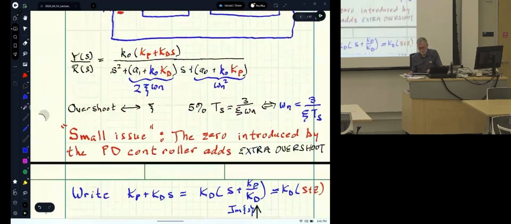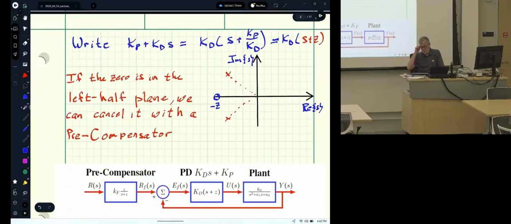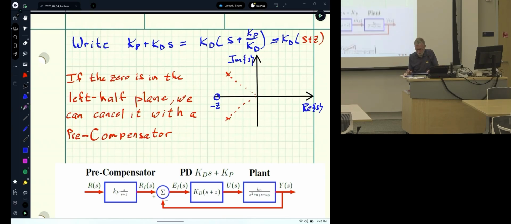Now, something we noticed is that the PD controller has a numerator, which means it introduces a 0 into the plant.